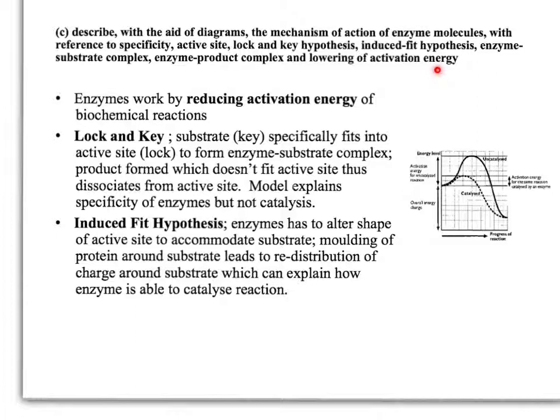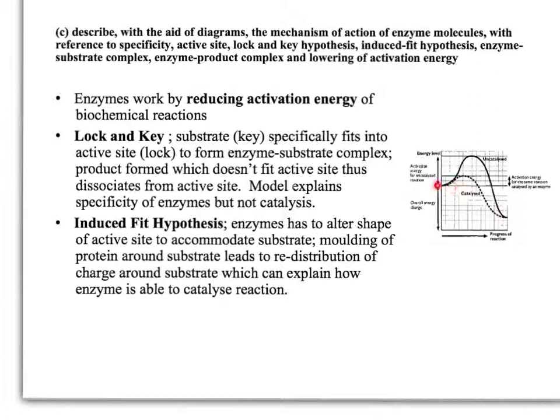The way enzymes speed up the rate of biochemical reactions is that they reduce the activation energy of those reactions. All reactions have an activation energy. Typically, this little graph here shows the energy in substrates and the energy in products. But to be able to get our reaction to occur, we have to overcome activation energy. In very simple terms, take striking a match.